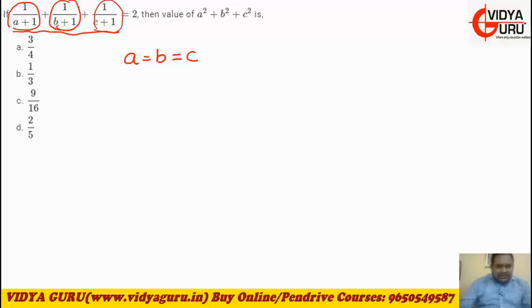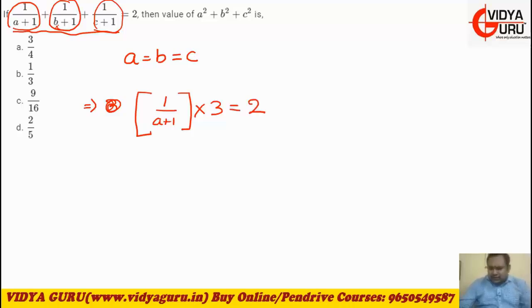Similarly, all these three terms will become equal. So instead of adding it 3 times, I will multiply it with 3. The given information is 1 by A plus 1 into 3.